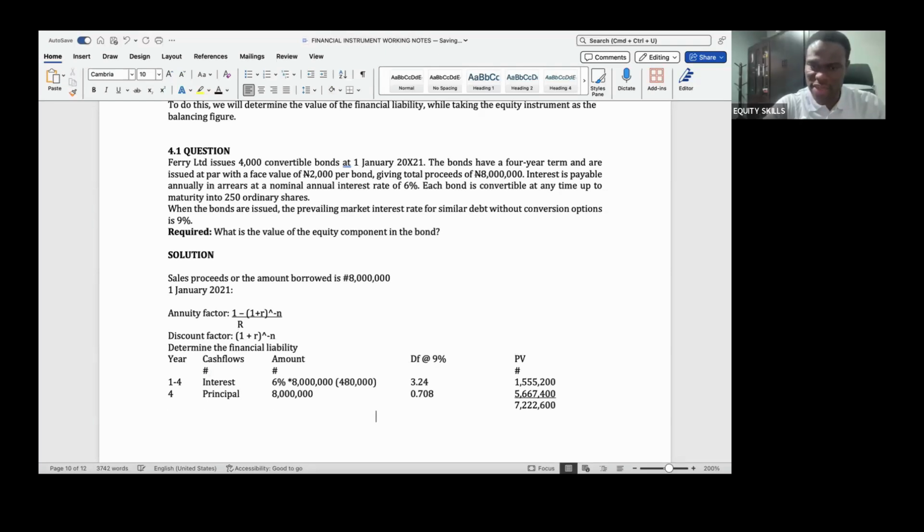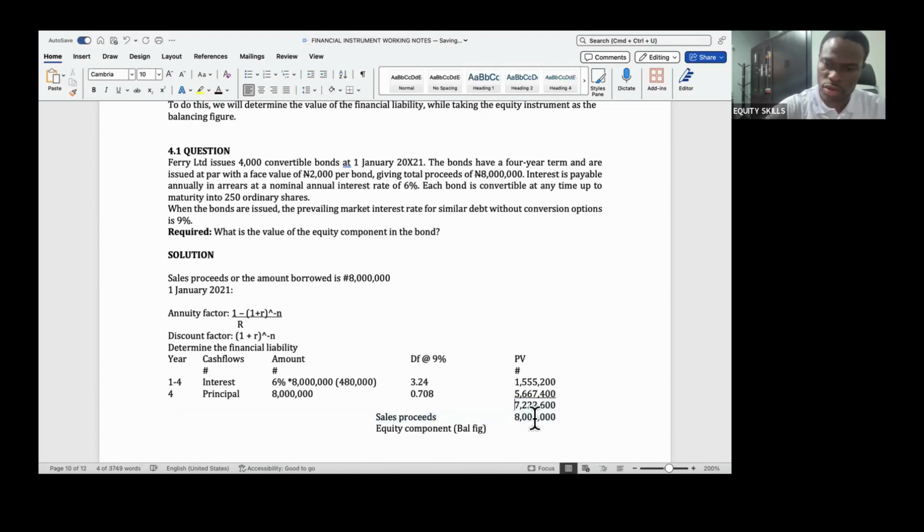So the balancing figure will be the equity component. Simply the balancing figure. When we say balancing figure, it means that we'll compare this with the sales proceeds of 8 million.